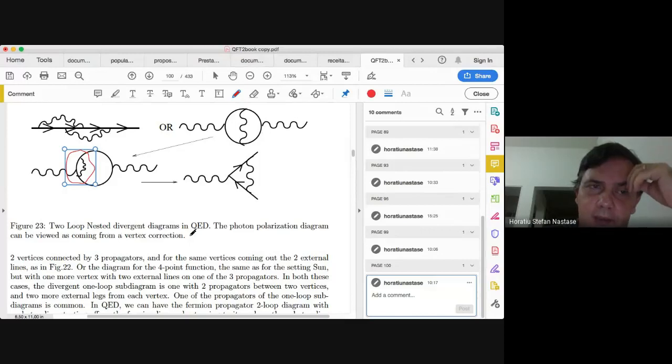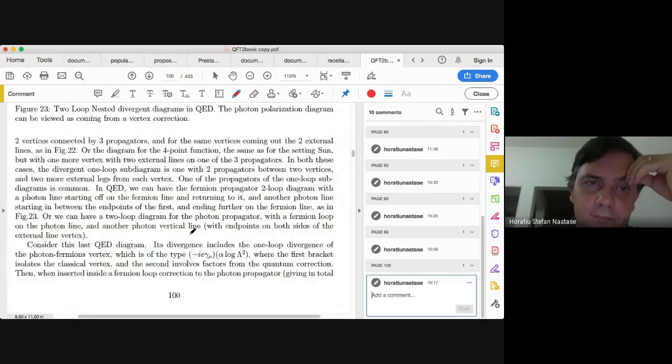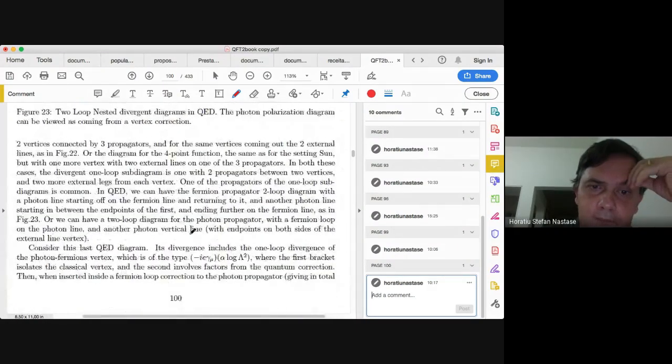So what happened? Let's try to understand now the mathematics of it. Why is this a non-local term? What's the divergence? Well, we have seen that the one loop divergence to the photon fermion vertex is of this form. There's the classical part, minus i e gamma mu, multiplied by this divergent part, which was alpha log lambda squared.